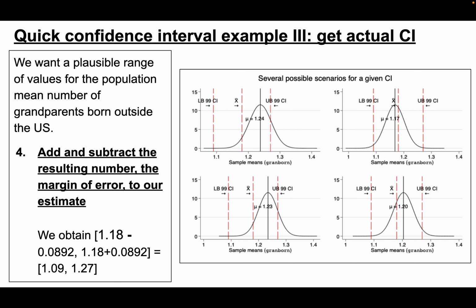So what this is showing us is basically a variety of different options. We don't know which of these is true, but all of these would be plausible situations.